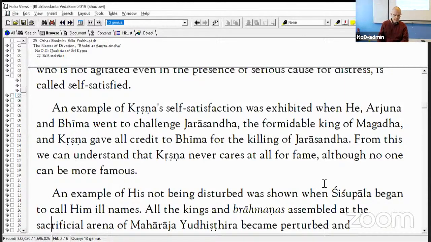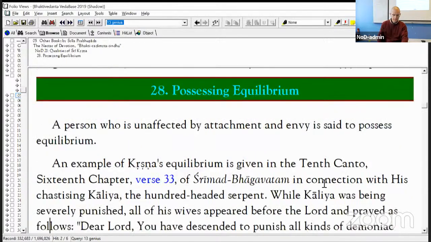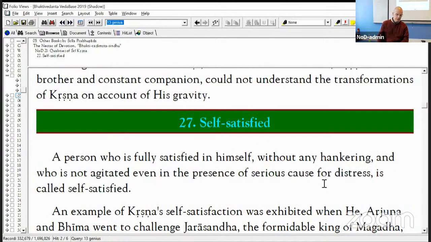This suffix is man, van, several. So Prabhupada says, a person who is fully satisfied in himself without any hankering and who is not agitated. So actually the quality is not being agitated, even in the presence of serious cause for distress. This is called self-satisfied.